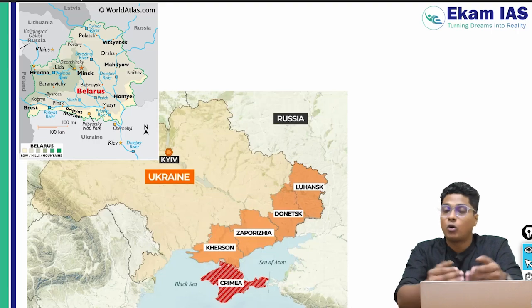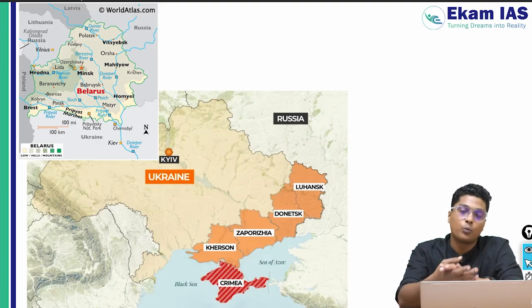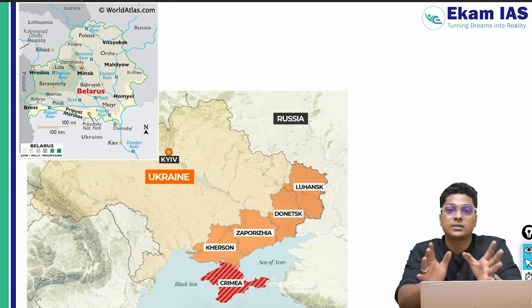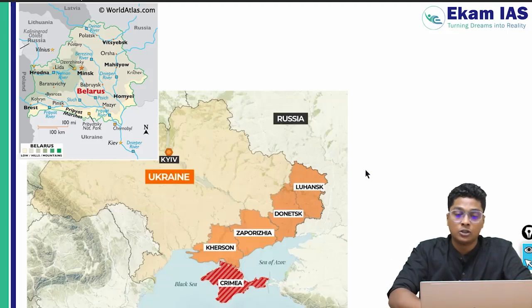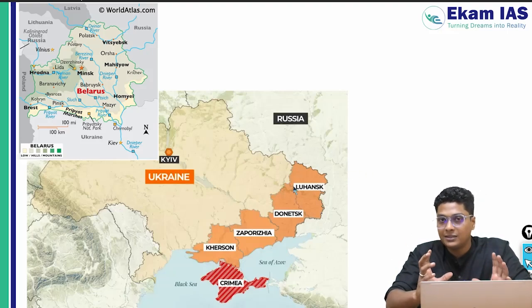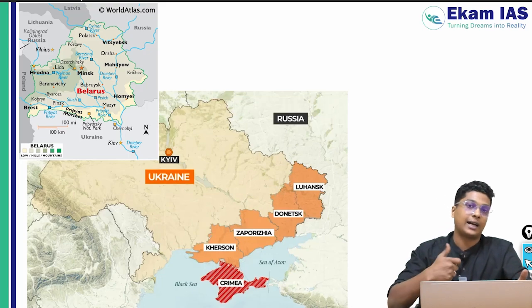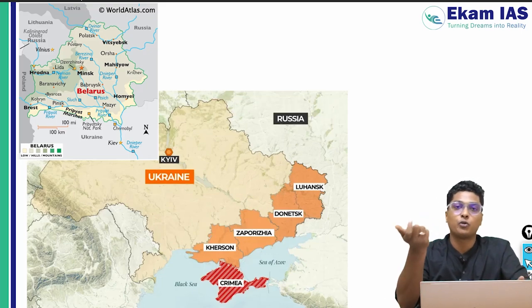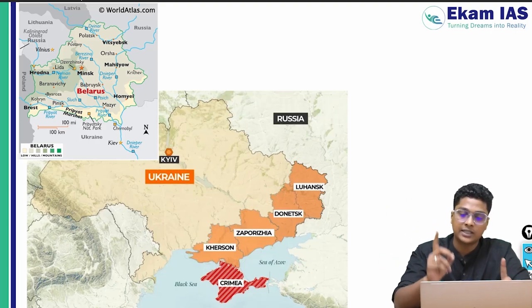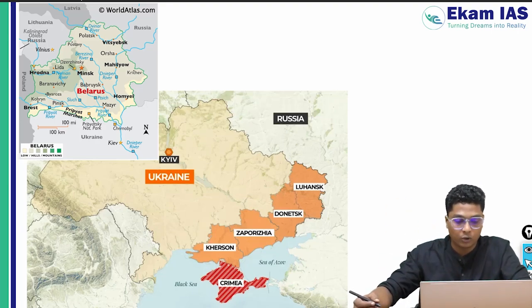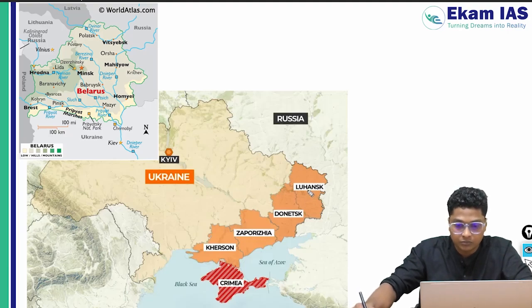Regarding the Russia-Ukraine war, various places are in news, and UPSC has asked questions on these places multiple times. So we'll cover all the places that are in news. There is a high chance that UPSC will ask questions based on it. So remember these four places, study them together.